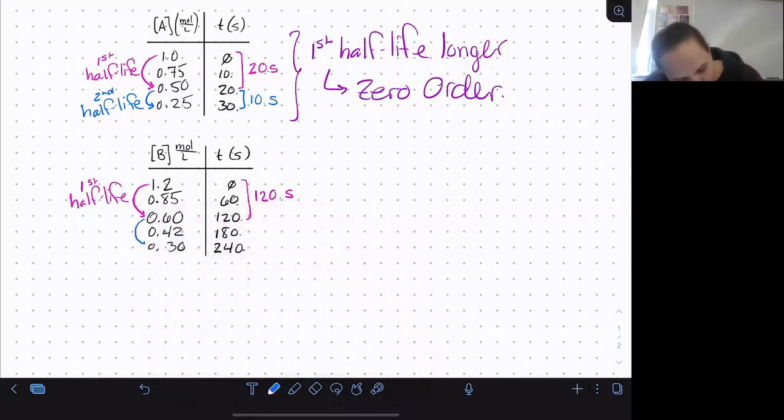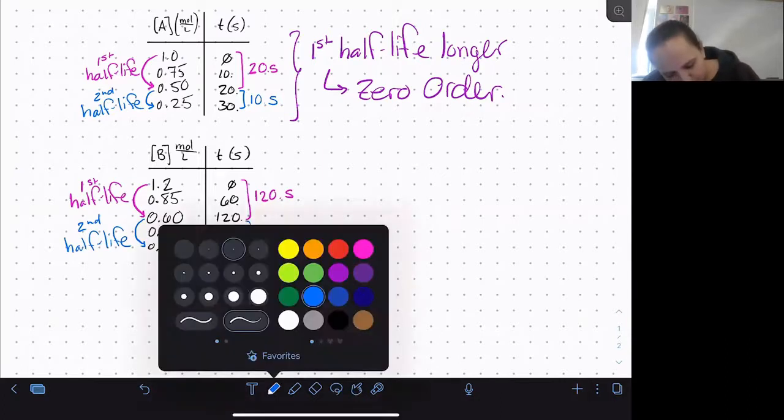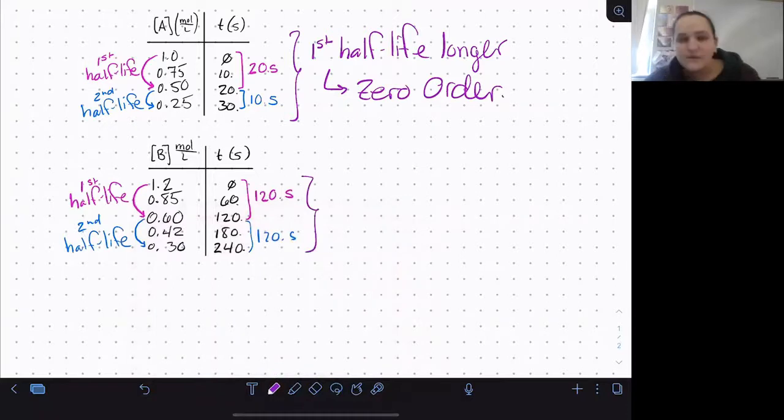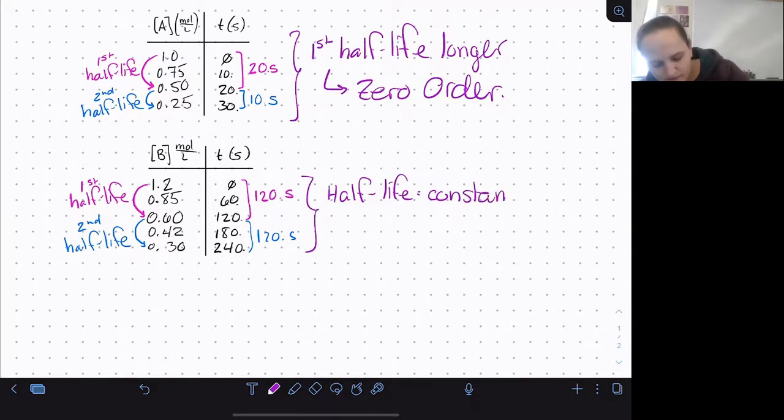My second half-life is going from 0.6 to 0.3, from 120 to 240, is also 120 seconds. Since these two things are the same, half-life has constant length, which is consistent with this being a first order process.